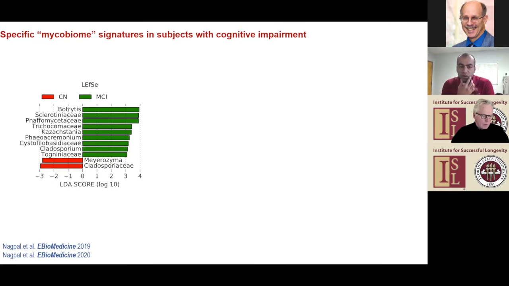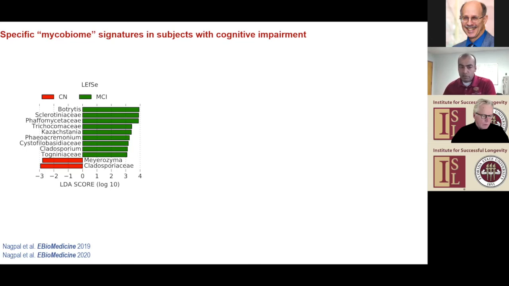But these differences were not restricted only to the bacteria. We found that these patients with cognitive impairment also had a very different fungal flora. A few fungi were significantly higher in the gut of these patients.